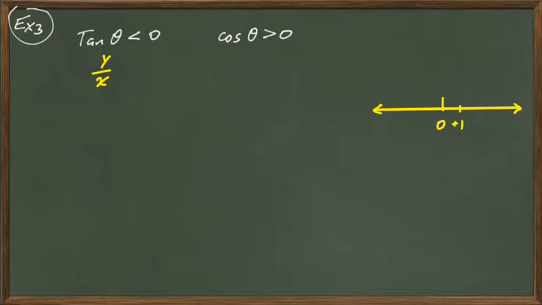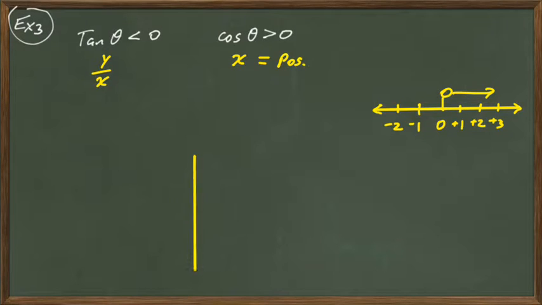Everything to the right of 0 is positive, correct? Everything to the left of 0 is negative. So if I said the cosine, look at the second part, the cosine of x. Cosine is x. Greater than 0 means, does that mean positives or negatives? Greater than 0 are positives.